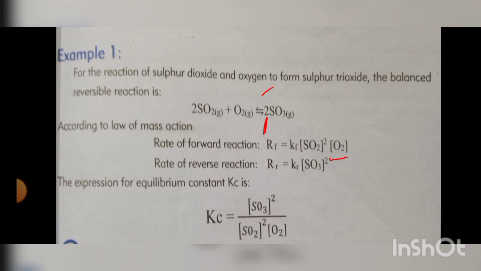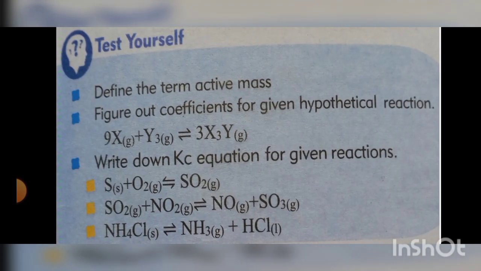The equilibrium constant will be Kc is equal to the rate of the product divided by the rate of the reactant. So you write the rate of the reverse reaction divided by the rate of the forward reaction, as we have discussed, Kc is equal to RR divided by Rf. So this is the way to write the equilibrium constant.